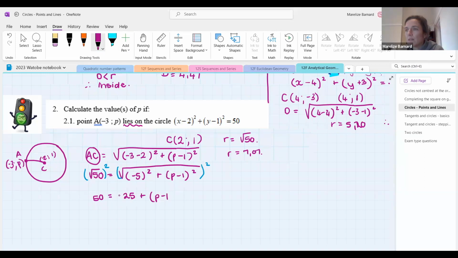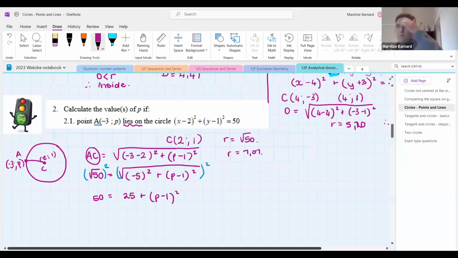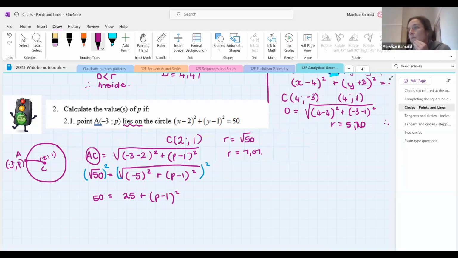P minus 1 squared. Okay, Lisa, we will go back a little bit at the end. So now we can solve, get our variable alone on one side, that's 25, P minus 1 squared.